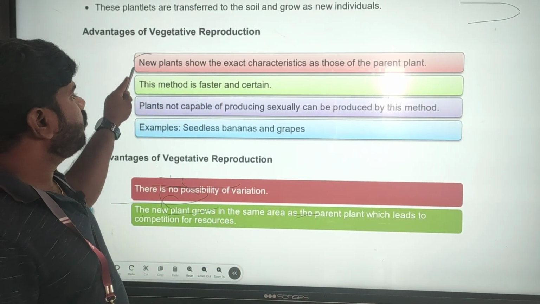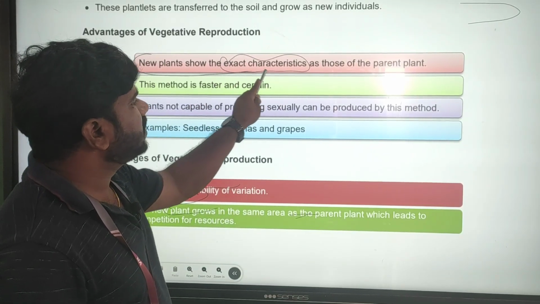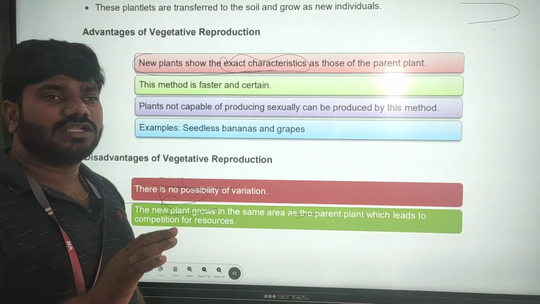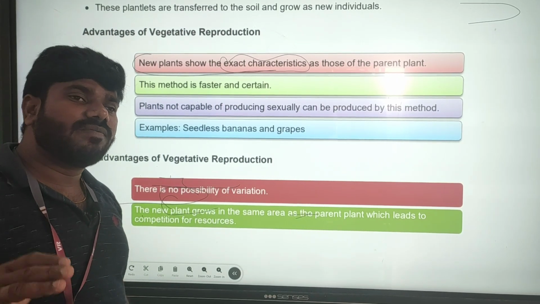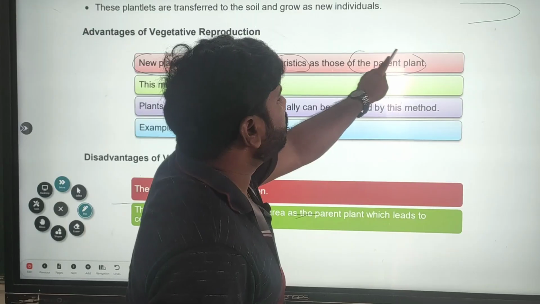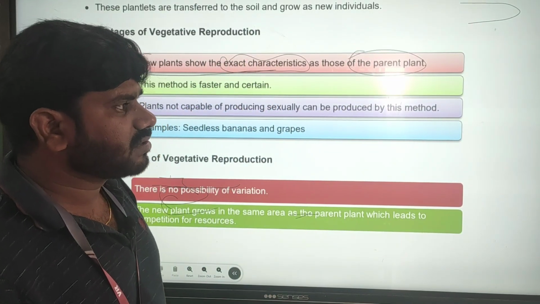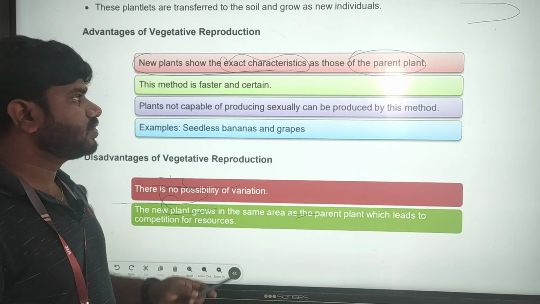You can see new plants show the exact characteristics. That means there are no different characters in a new plant. Those of the parent, same to same, parent and children look the same. That is called exact characteristics.